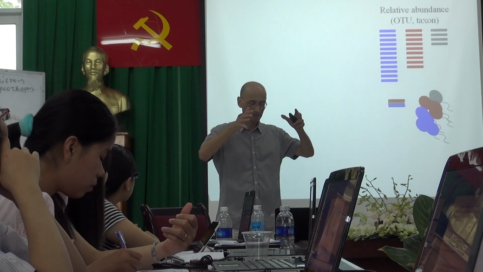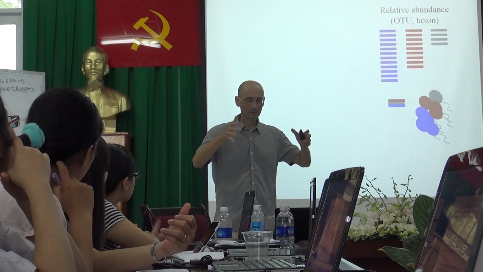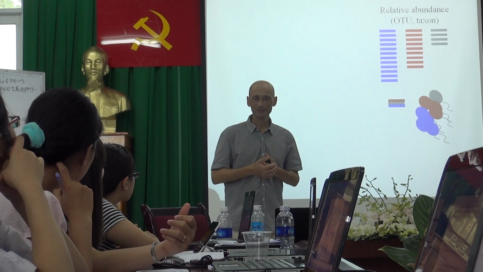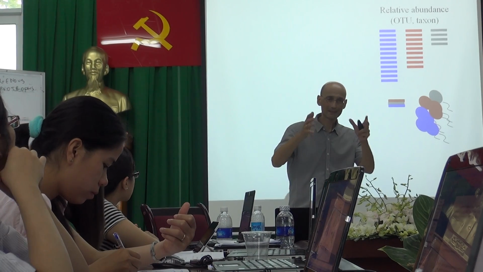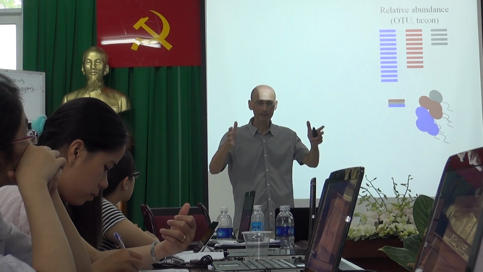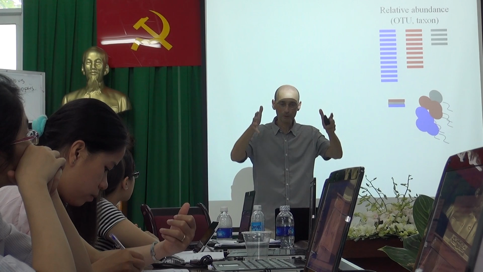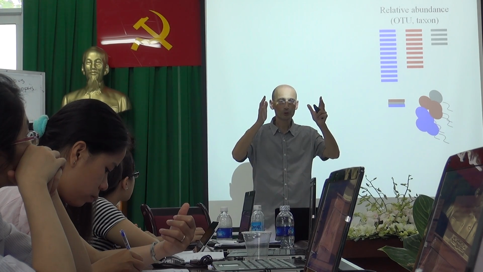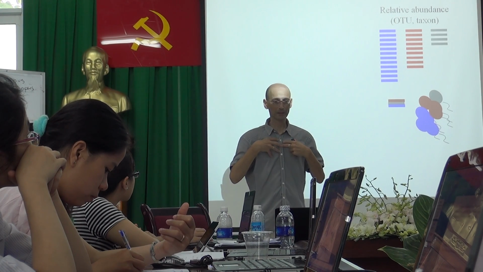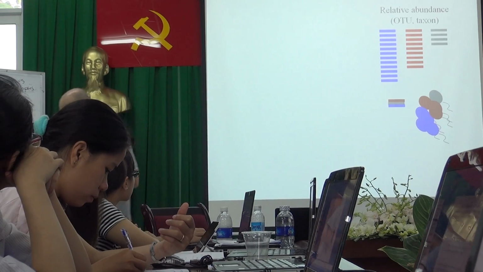It's a group that share a similar sequence. Okay, it's a group of sequences. It's a group that share sequences which are similar to a degree that we define. Okay, so.